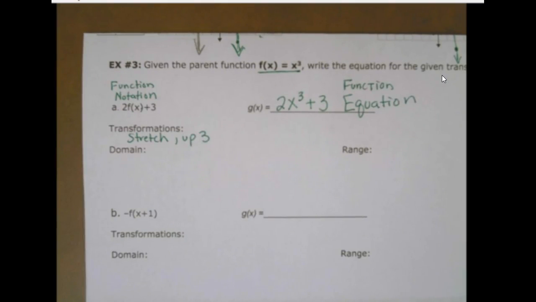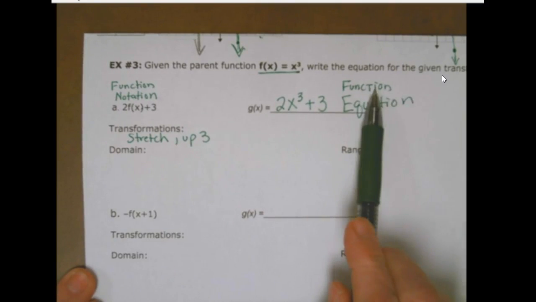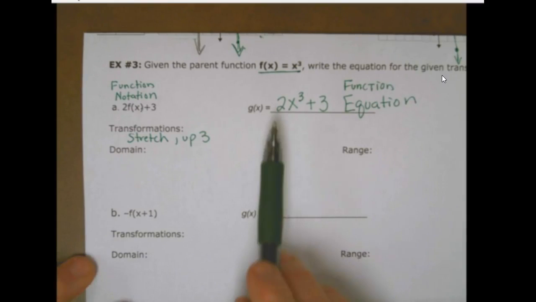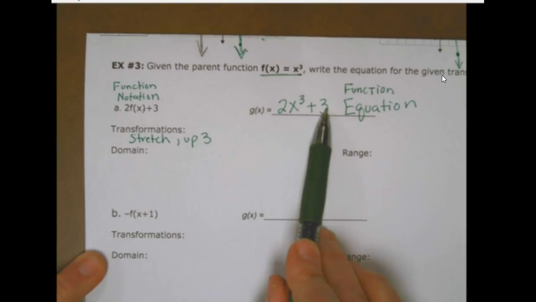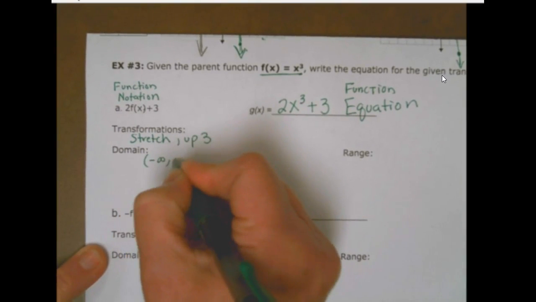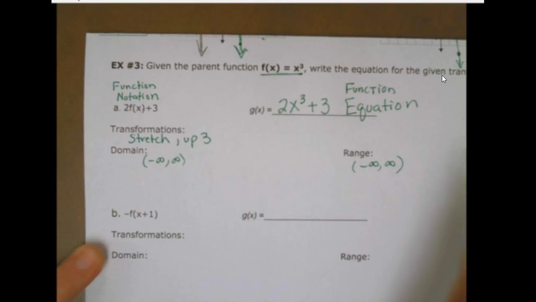So please label those so in your notes you will know what the difference is between a function notation and a function equation, because they both start with function, they are easy to get mixed up. The domain and range for this specific function is -infinity to +infinity for the domain and the range.